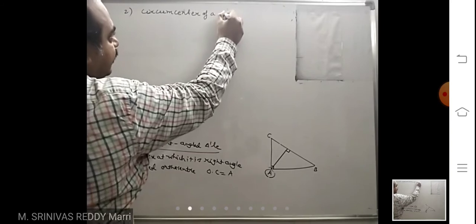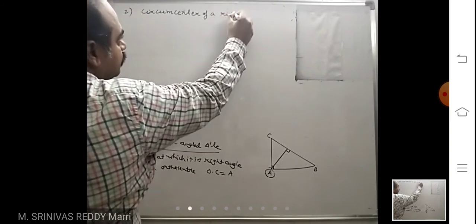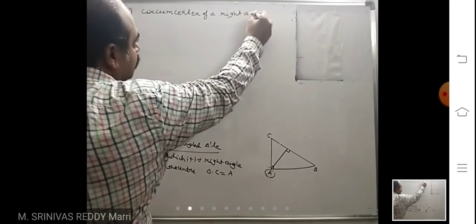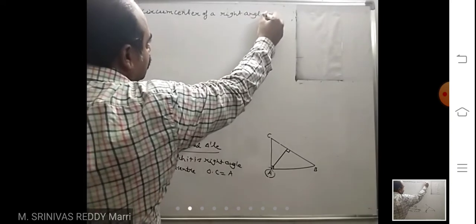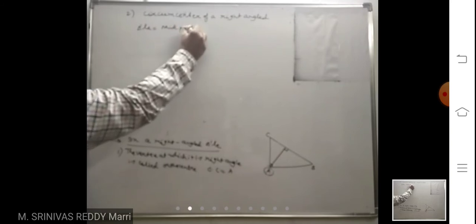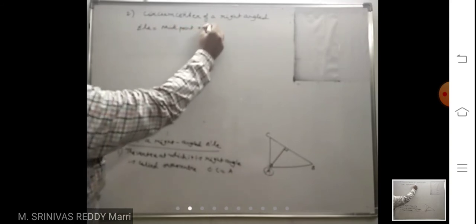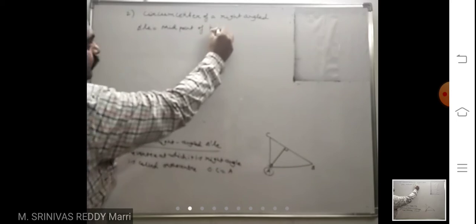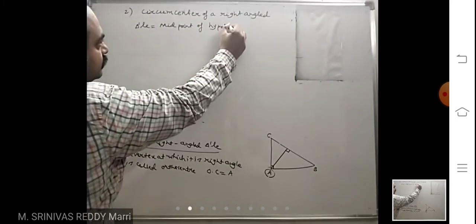Circumcenter of a right angle triangle is equal to the midpoint of the hypotenuse.